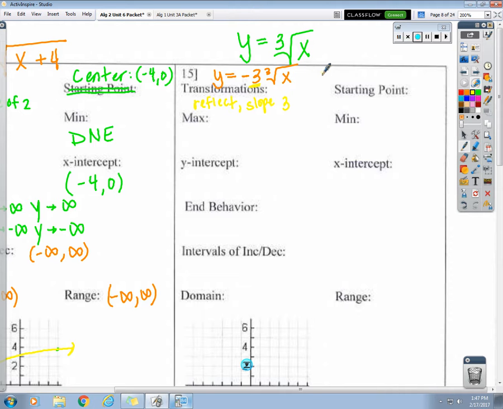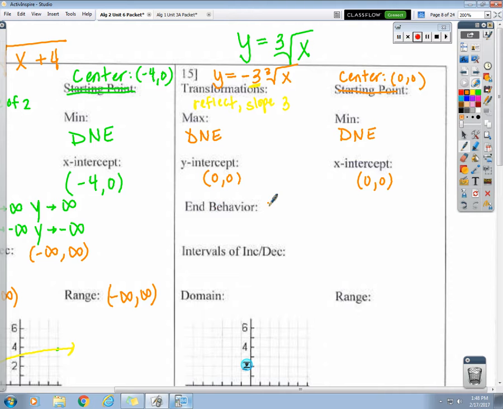So there were no vertical or horizontal shifts, so that means your center point is still at 0, 0, correct? We know with cube roots, you never have a max or a min because they go up and down forever. Now, I know that if my center is still at 0, 0, that's also my y-intercept and my x-intercept.